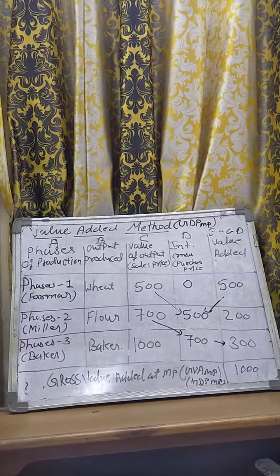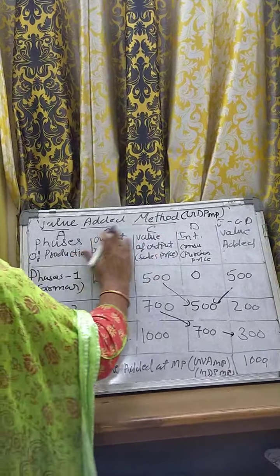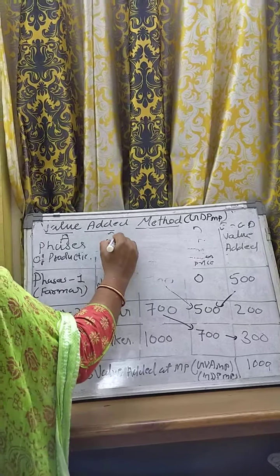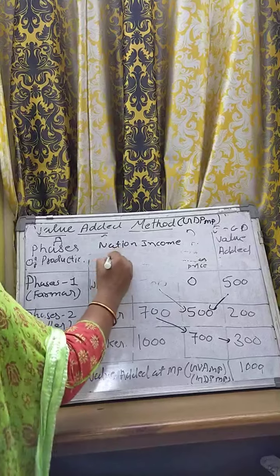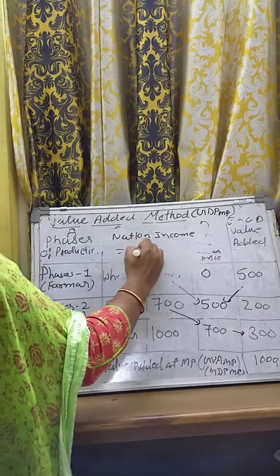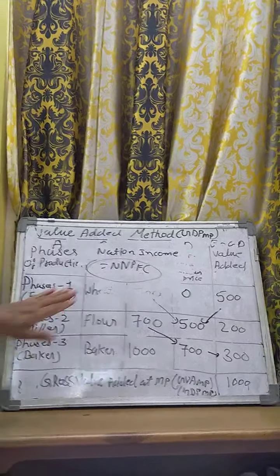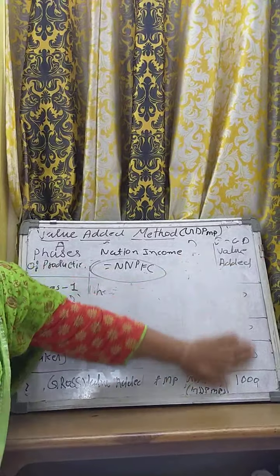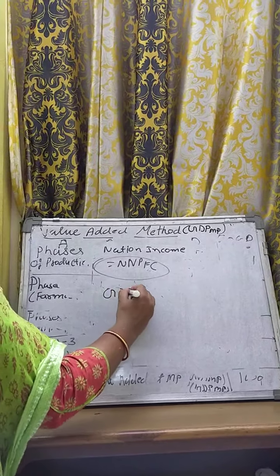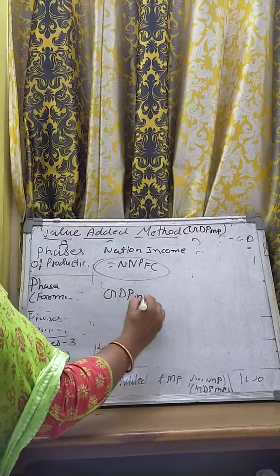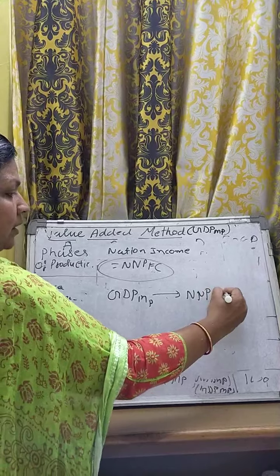But we are talking about the national income. So what is national income? National income equals NNPFC. So already that concept is clear. I am damn sure all students have a clear concept about this. So your GDP MP, you are here and that is your destination.